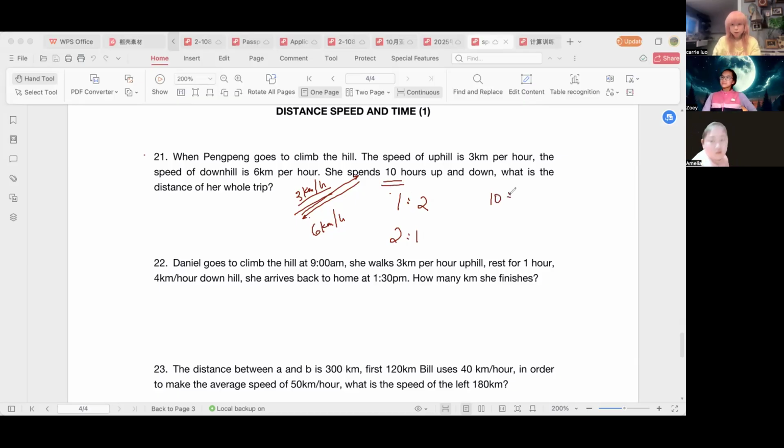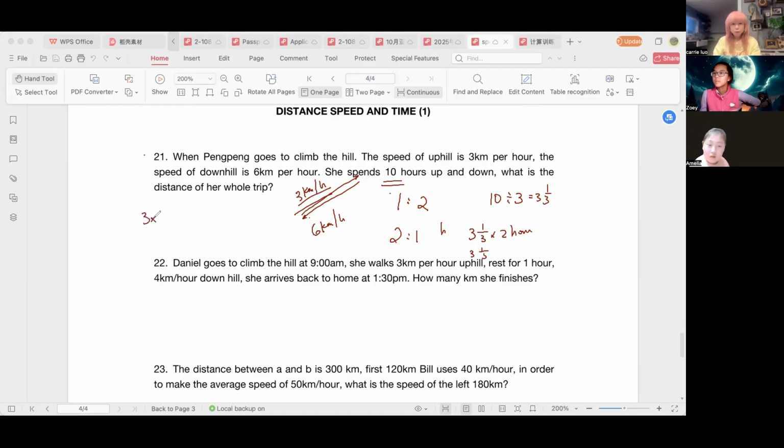So if we use 10 divided by 3 equals 3 and 1 over 3, that means when Peng Peng is going up, it's 3 and 1 over 3 times 2 hours. And when she's going down, it's 3 and 1 over 3, exactly. So let's just check.